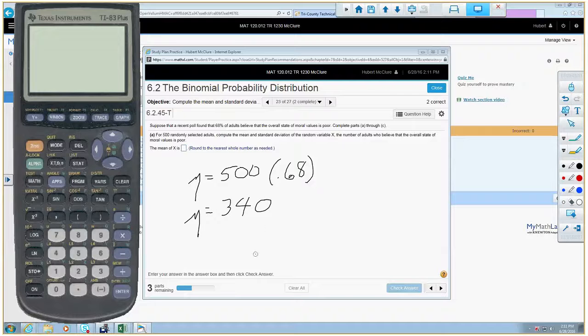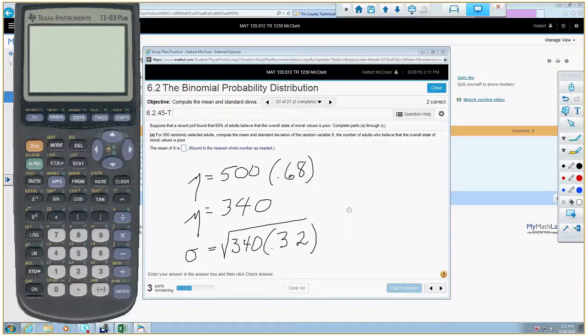So that's our mean. And then our standard deviation is equal to the square root of 340 times 0.68 times 0.32. I'll write it out and then see if I can do it in my head. What's 10% of 340? 34, Hubert.